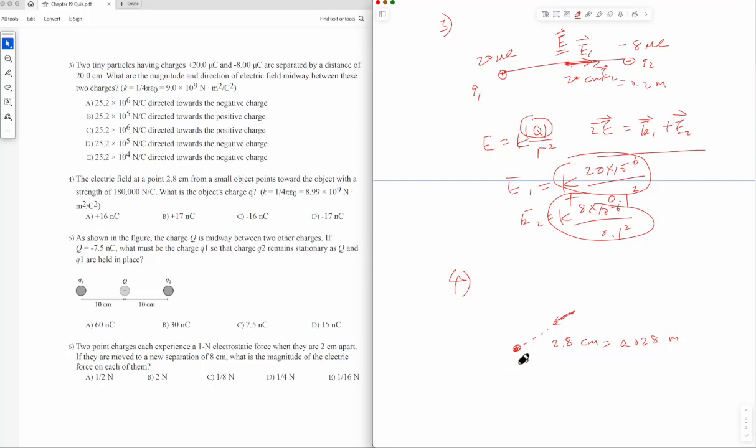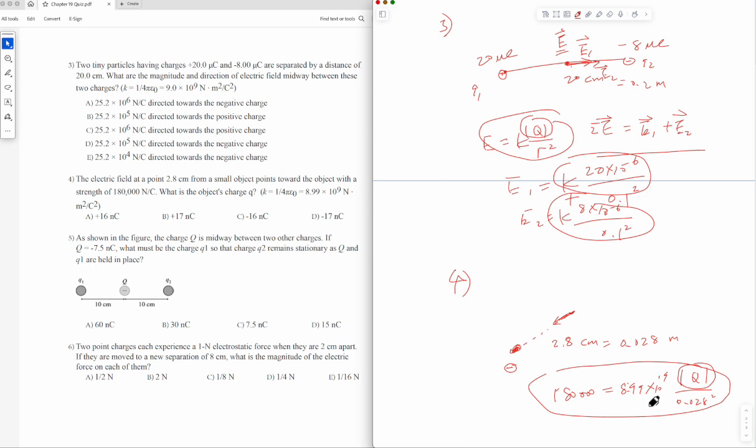Well, first, this must be a negative charge, because the field points towards it. And for the magnitude, use this equation: electric field 180,000 equals K, 8.99 times 10 to the power of 9, times Q, which you don't know, divided by the distance 0.028 squared.